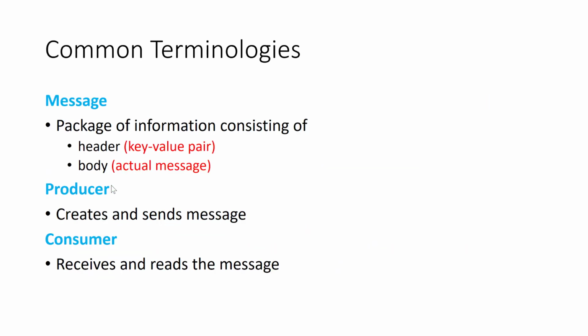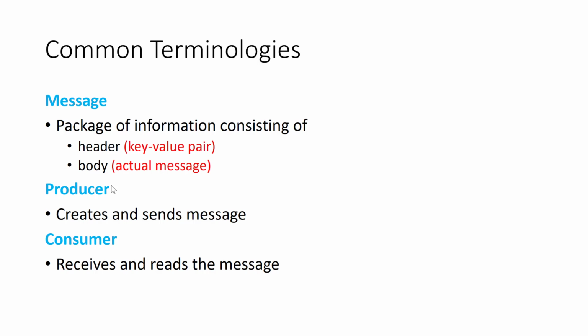So before we start, let's talk about some common terminologies. We need to know what a message is. A message is a package of information consisting usually of a header and a body. The header is usually a key value pair. The producer, like the name suggests, is able to create and send messages.